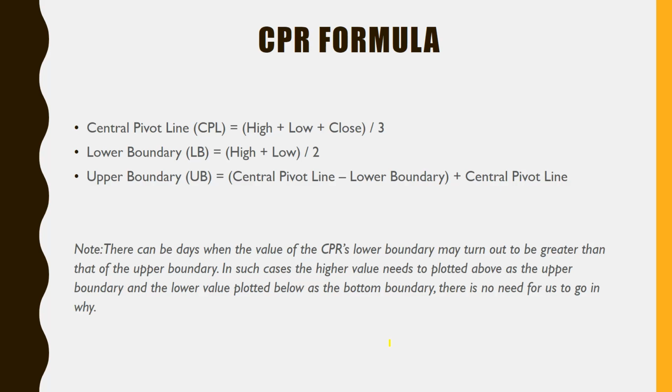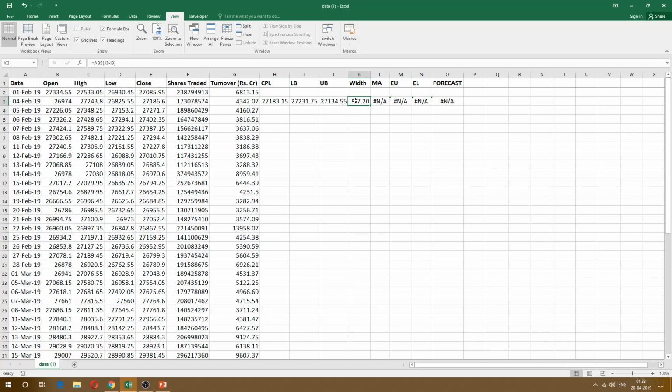When calculating the width, you need to put an absolute value, because the difference can be negative or positive, and it doesn't matter which, we only need to know the difference, right? We are analyzing the width of a chart in numerical form.